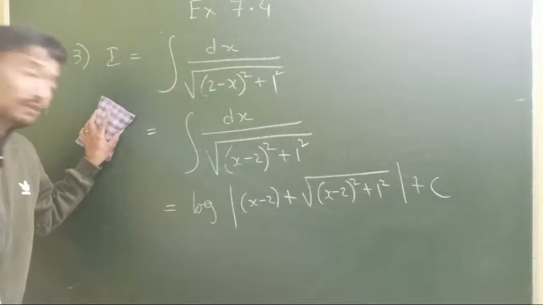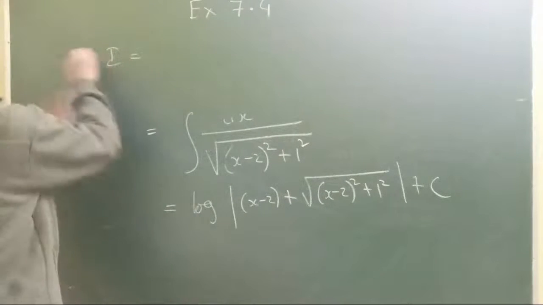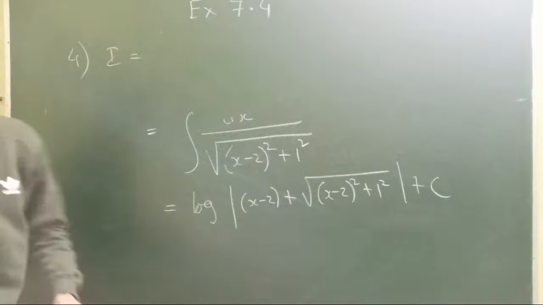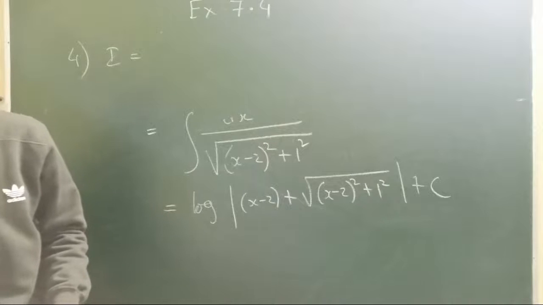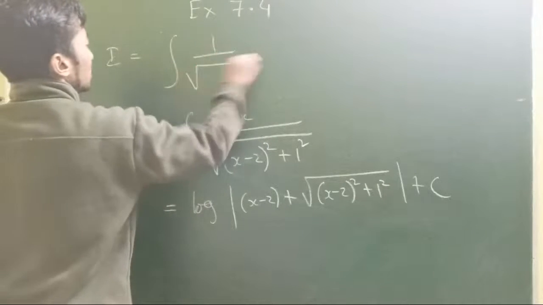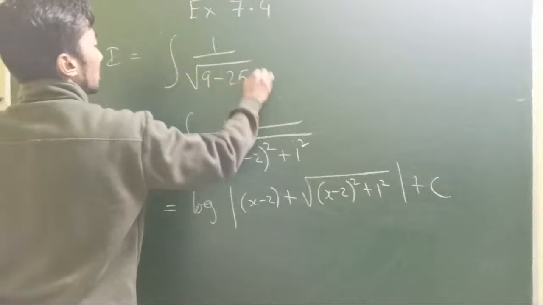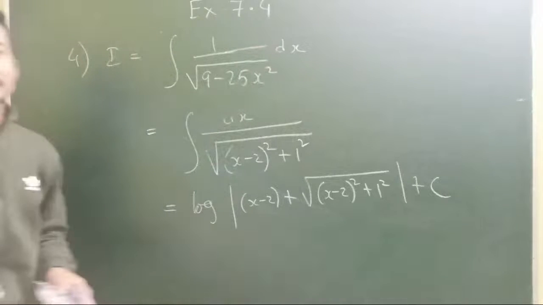Okay, so fine then, let's go to question number 4. Question number 4 also almost similar. This is integral of 1 by root over of 9 minus 25 x square, of course with respect to x.